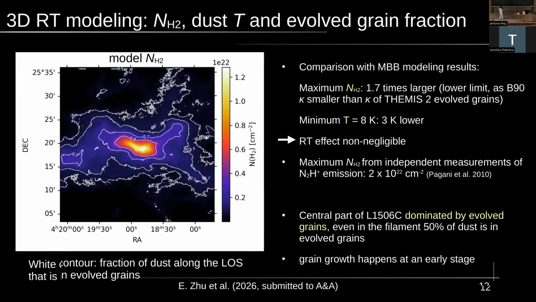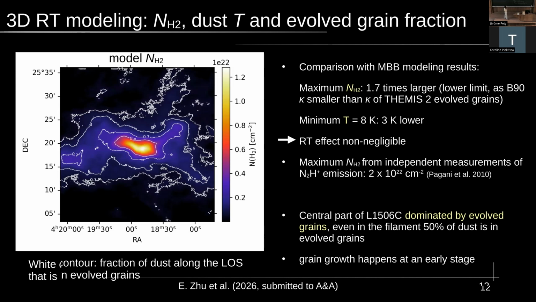So then here in this figure, you can see the modeled column density map, and the white contour here shows the fraction of dust along the line of sight that is in evolved grains. So if we compare the results with the MBB modeling, the maximum modeled NH2 is about 1.3 times 10 to the 22, and it's 1.7 times larger than MBB modeling results.